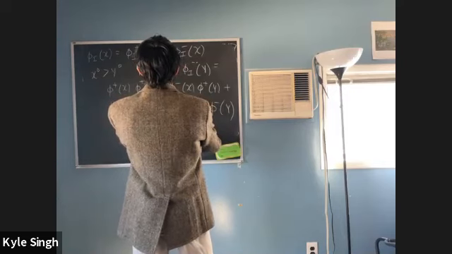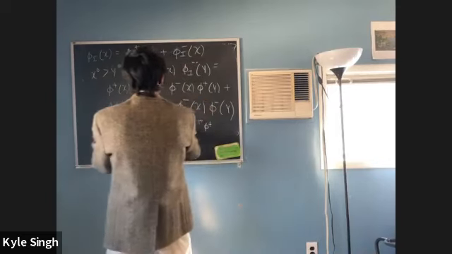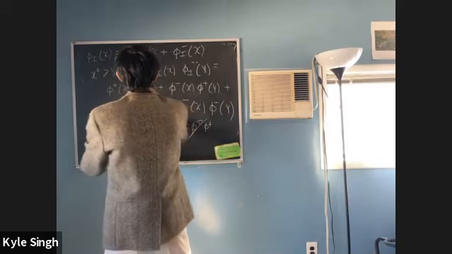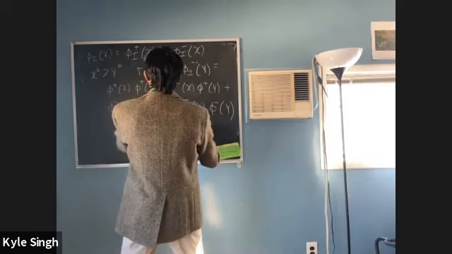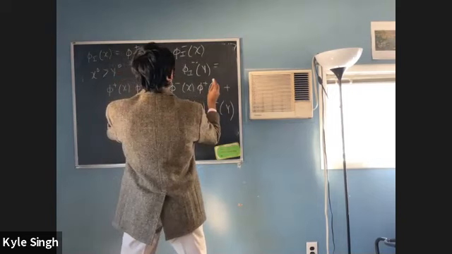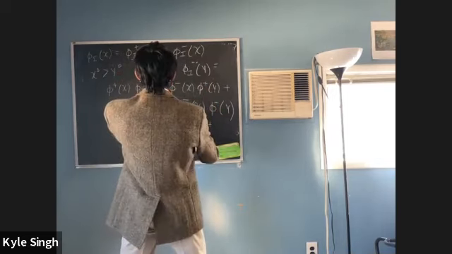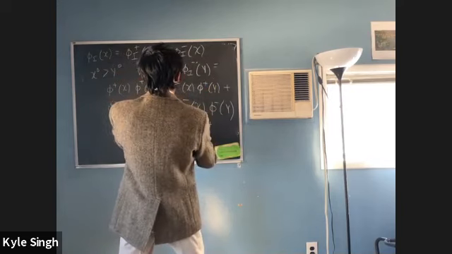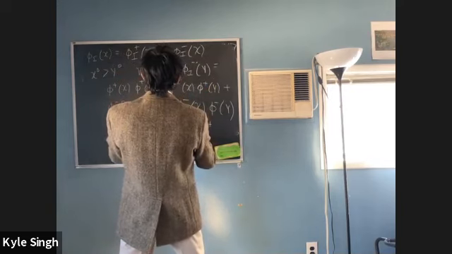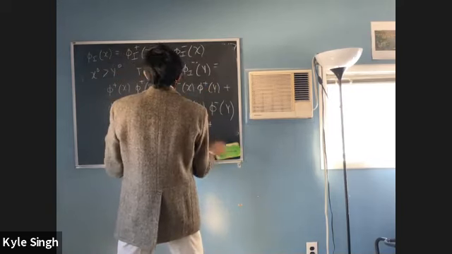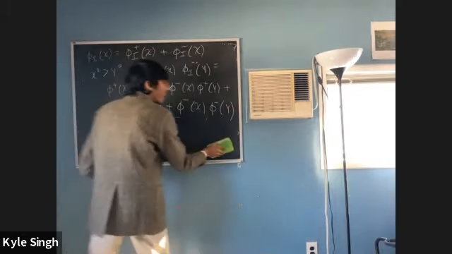Good. I don't have that term. This stays. This drops. Minus plus. This drops. I have plus. No, I have another minus. Whatever. One stays. Plus. Minus plus. Plus minus. Okay, yeah, good.